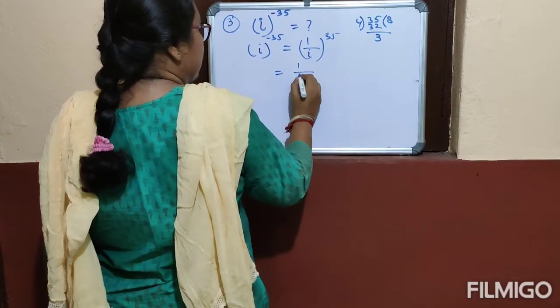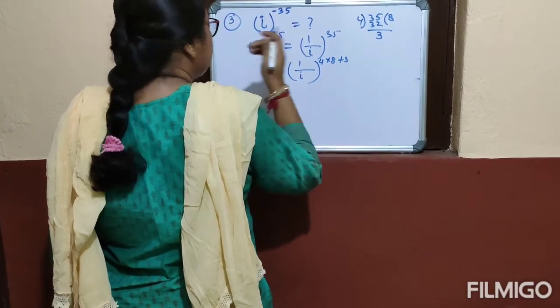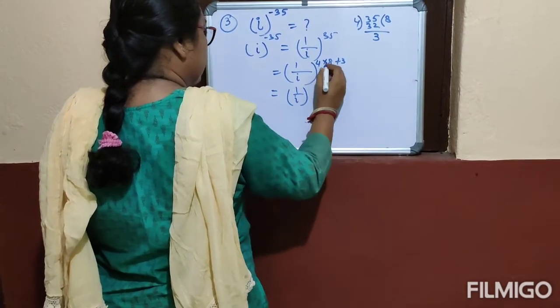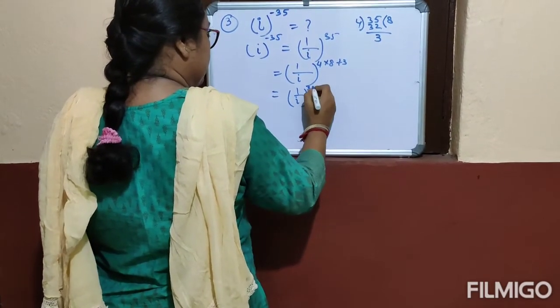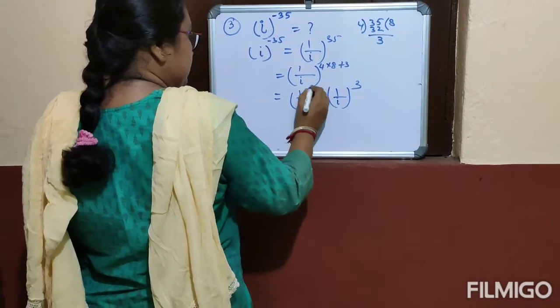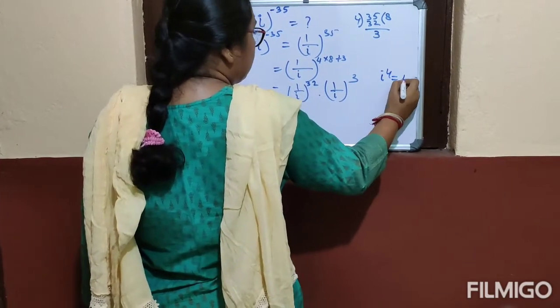This is equal to 1 by i whole to the power 4 into 8 plus 3. Now 1 by i to the power 32 into 1 by i to the power cube. This is equal to 1 because i to the power 4 is equal to 1.